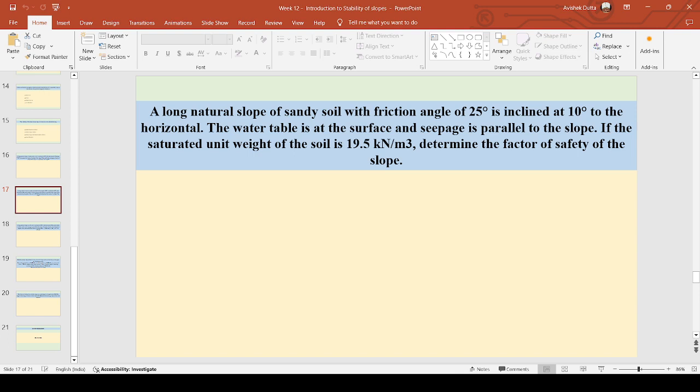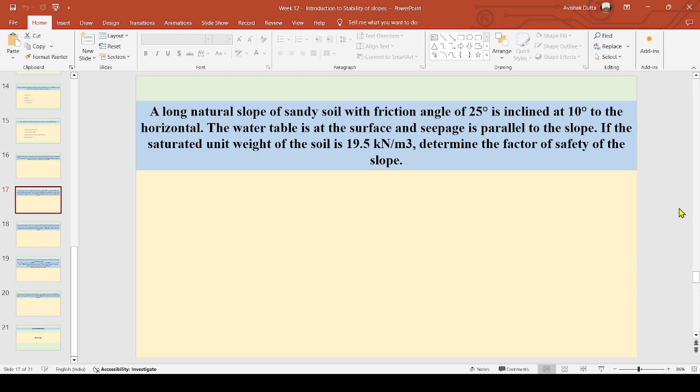I'll repeat the question once. A long natural slope of sandy soil with friction angle of 25 degree is inclined at 10 degree to the horizontal.